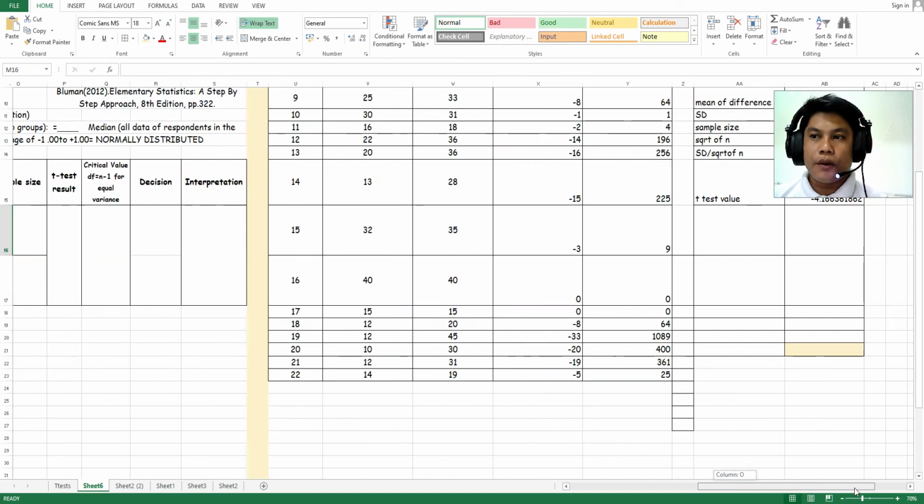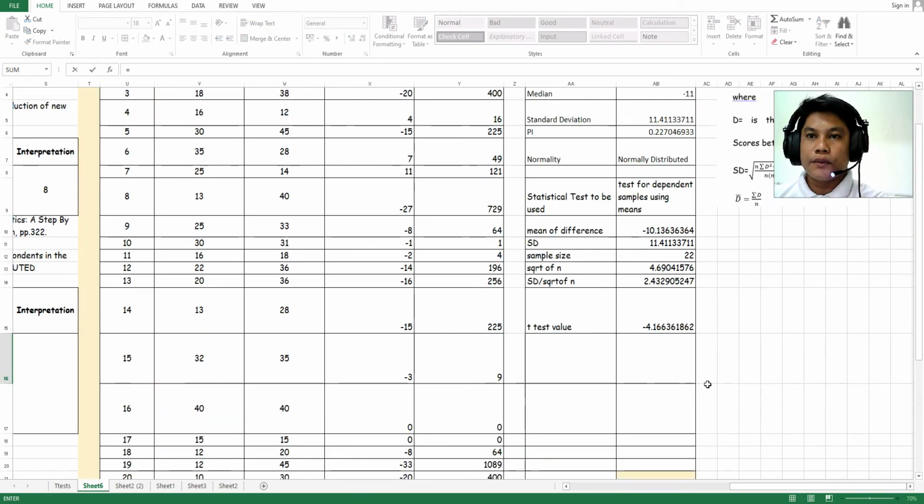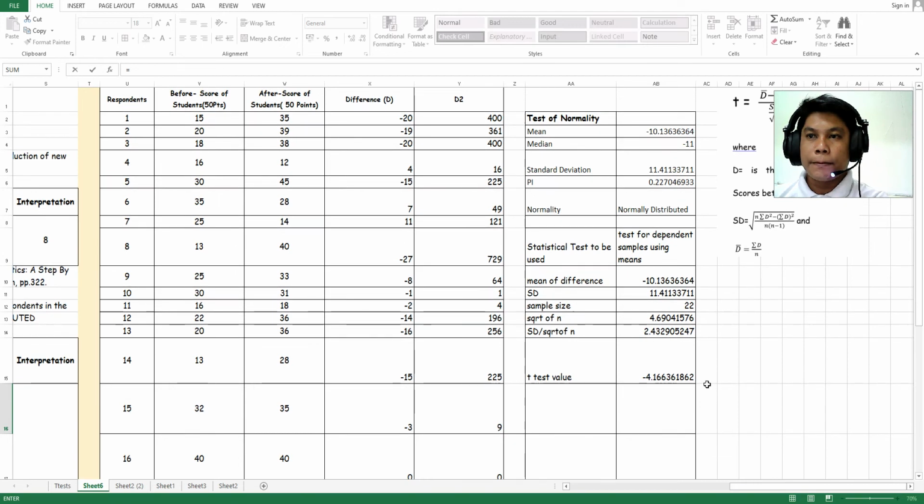So in our computation, the mean equals the mean of the scores of the students before. I think we have not computed that.